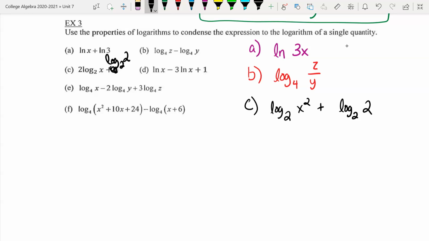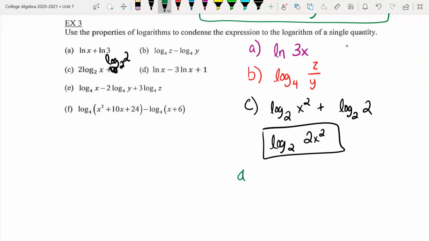I've done the wrong problem there. All right. So when I add those, I'm going to say log base 2 of 2x squared, because you're multiplying when you add. D, it's subtraction, but notice the x plus 1 should be in parentheses. There's a 3 out front, so I'm going to be doing division. The x goes on top. x plus 1 to the third power is what goes on bottom.